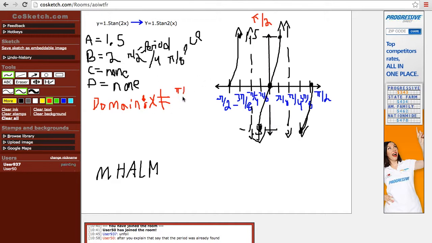And that's what's attached to the x. So it's going to be pi over 2x, as you can see. You see the distance between the two asymptotes is pi over 2. So you're going to write pi over 2x.